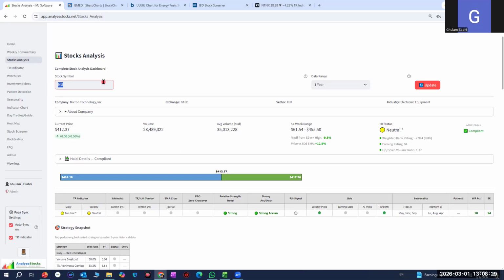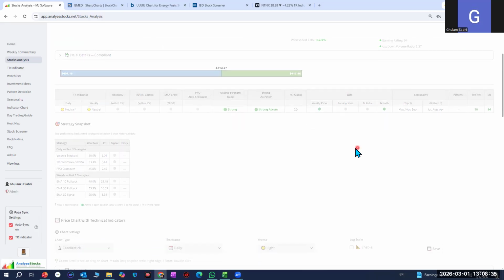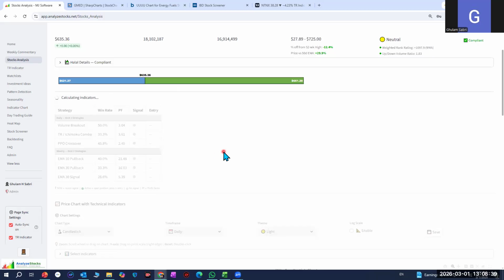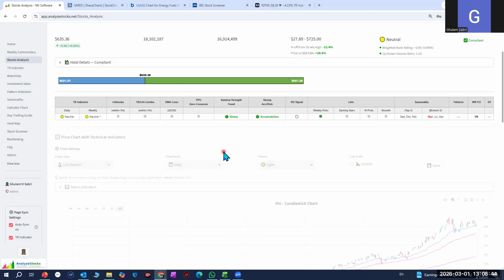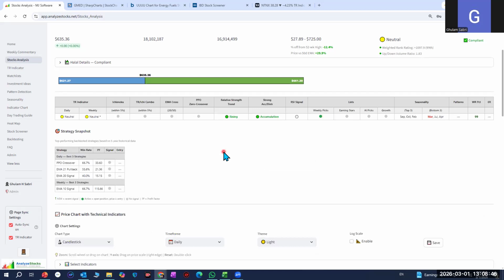For example, SNDK or any stock in which you want to go long. Take a look at what your best strategies are telling you: is it time to go for it or not? This is SNDK, SanDisk, everyone's favorite. But right now, there is only one weekly strategy. Maybe SNDK is a new stock and does not have 5 years of data.